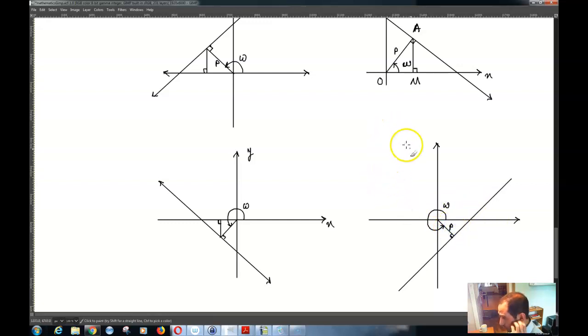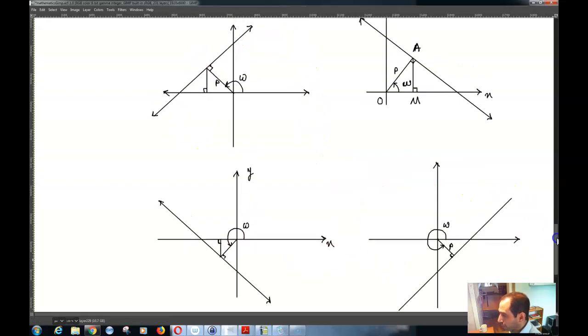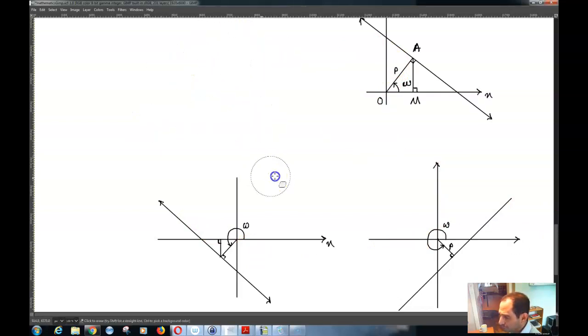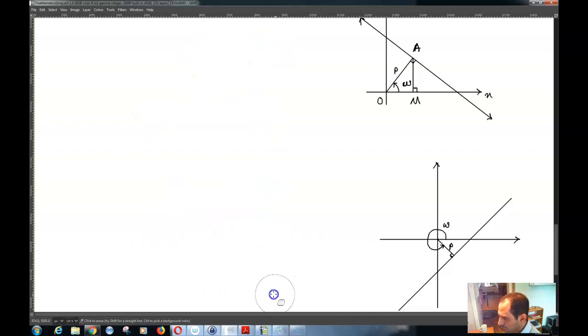These are all the possible configurations of this line with the same setup. Let's concentrate on one of these, because all the other cases are going to be the same story.